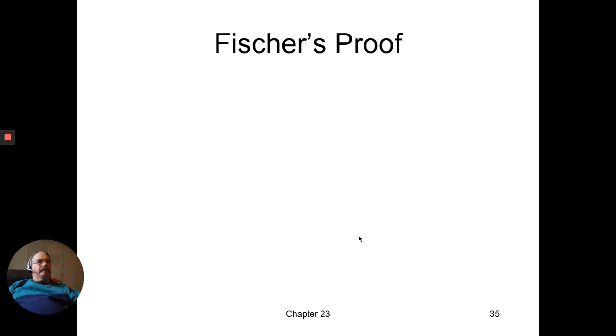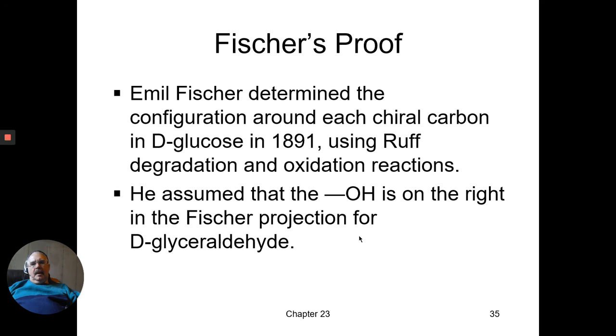I'm not going to say too much about Fischer's proof, except that when he was looking at D-glyceraldehyde, he happened to guess correctly that the OH was on the right side in the Fischer projection of D-glyceraldehyde.